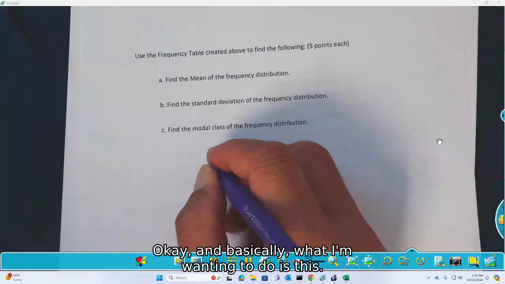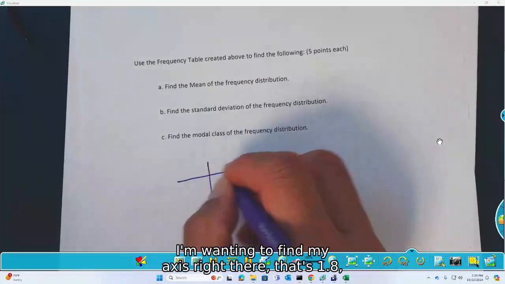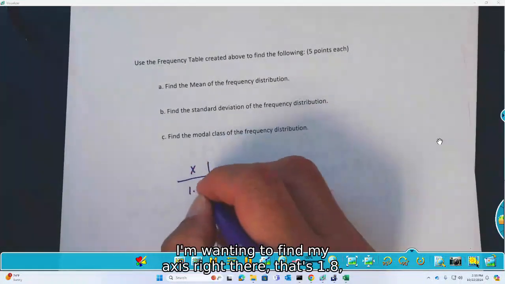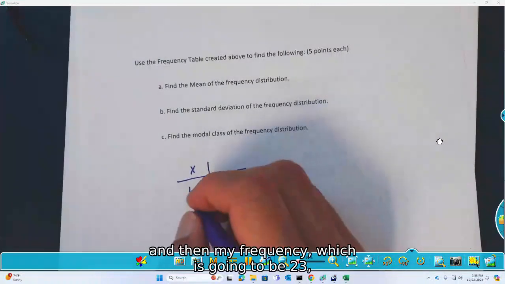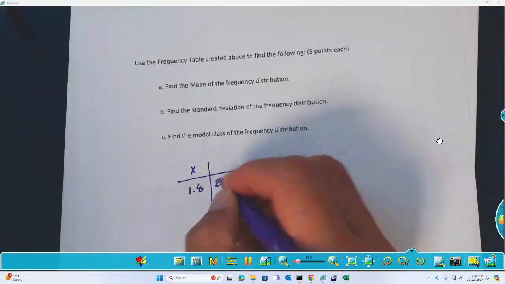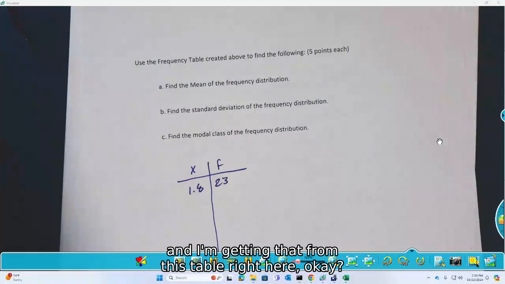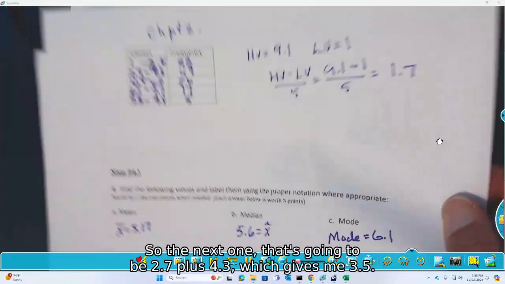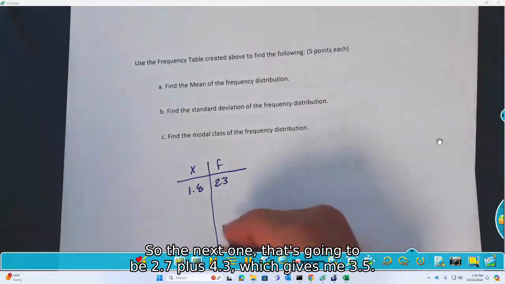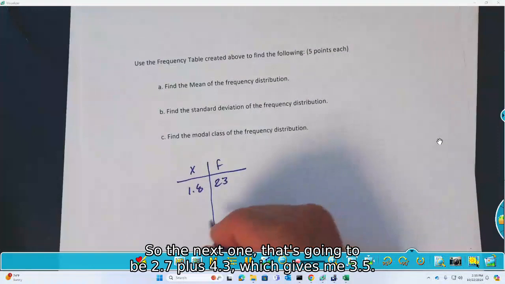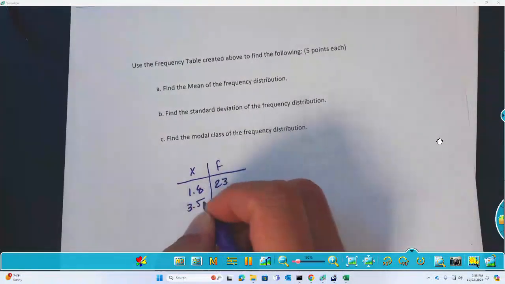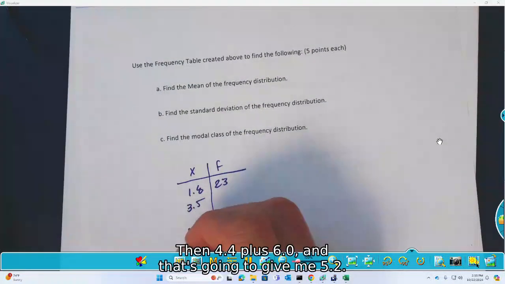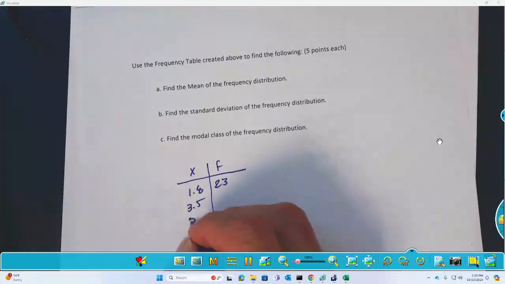Basically, I'm wanting to find my x-axis right there. That's 1.8, and then my frequency, which is going to be 23, and I'm getting that from this table right here. The next one is 2.7 plus 4.3, divided by 2, which gives me 3.5. Then 4.4 plus 6.0 gives me 5.2.